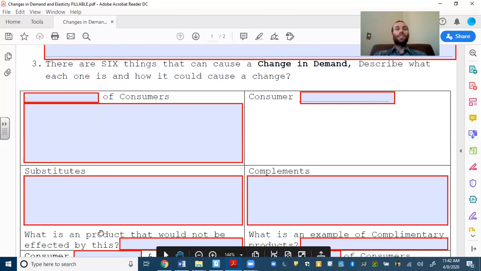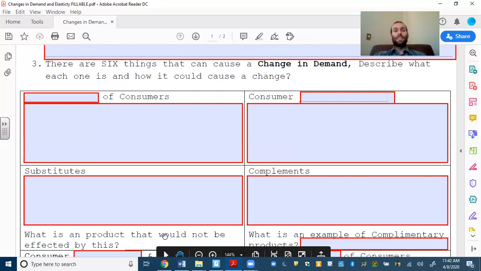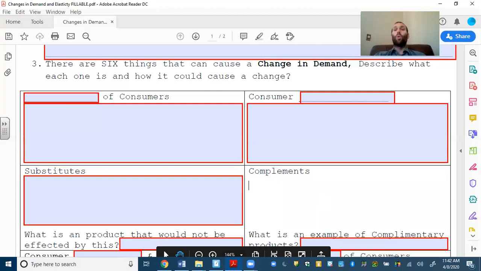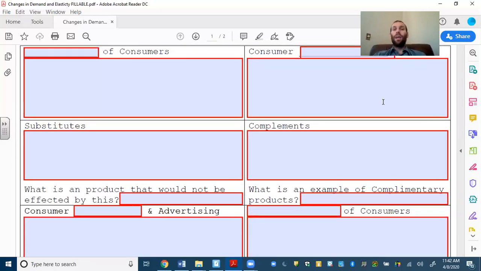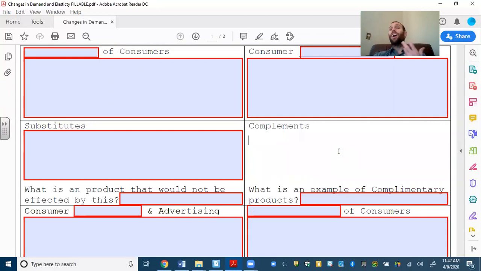Now, this would not be affected by something that had no substitutes or by two goods that are complements. So a product that would not be affected by this would be complements, which brings us right over to here. So what is a complement? Well, a complement is any good that you usually buy with another good.